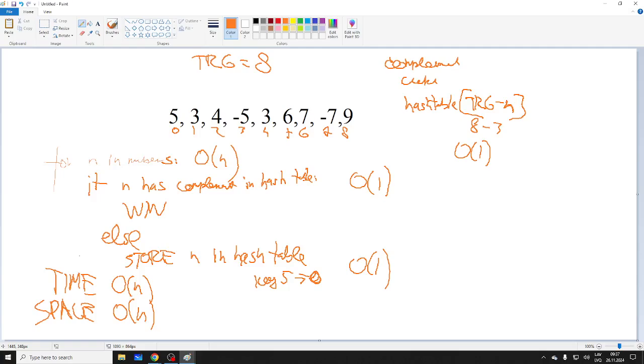We get the 0, the value. If we find the match, we win, and we return both indices. Not keys, by the way, both indices. So we return 0 and 1.